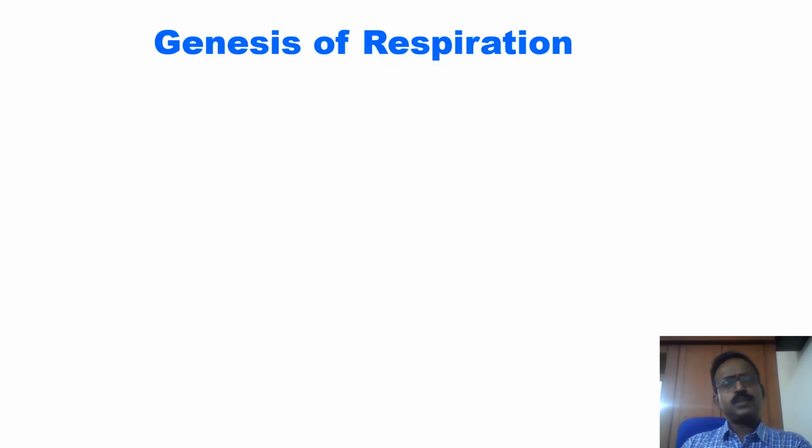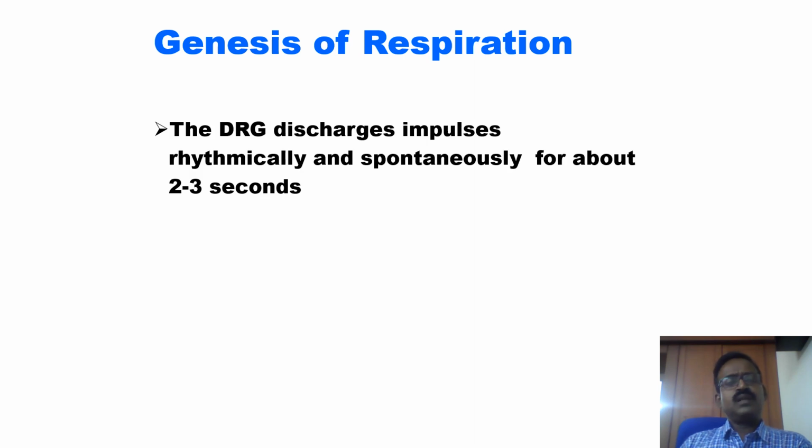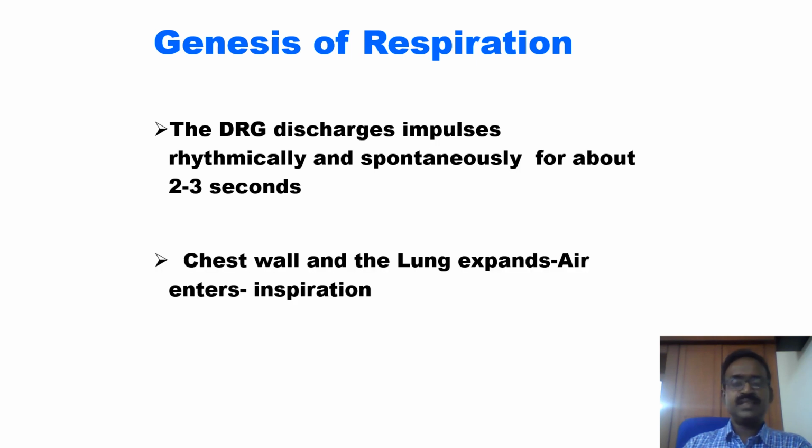Genesis of respiration. The dorsal respiratory group of neurons discharges impulses rhythmically and spontaneously for about 2 to 3 seconds. The chest wall and lung expand, air enters, and this produces inspiration. So inspiration is controlled by the dorsal respiratory group of neurons.